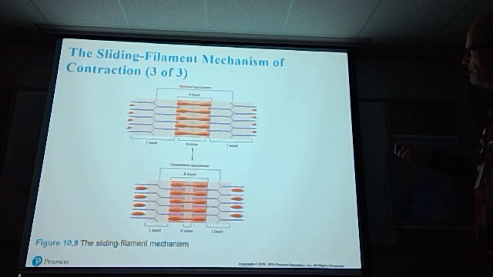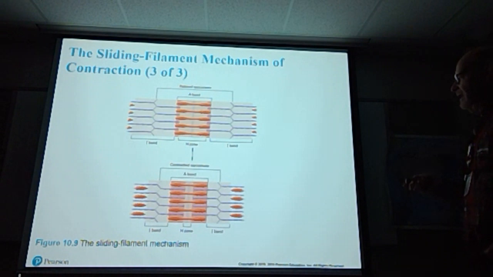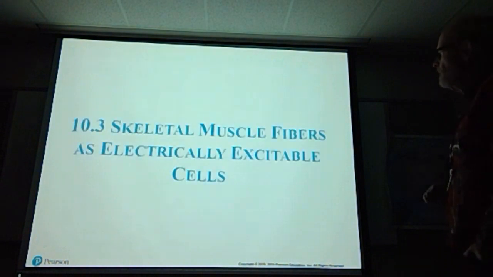In this relaxed sarcomere, it's wide, but in the contracted sarcomere, it's shorter. You see these thin filaments have slid over the thick filaments, the sliding filament effect.